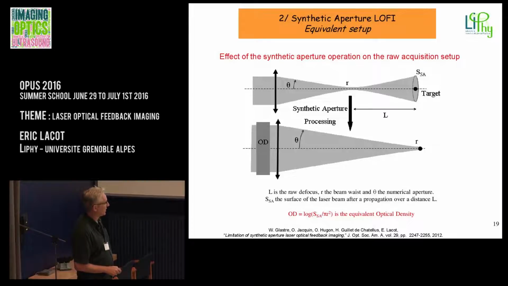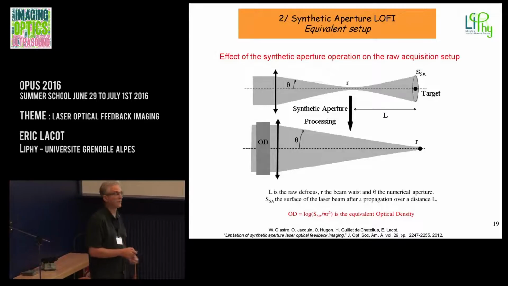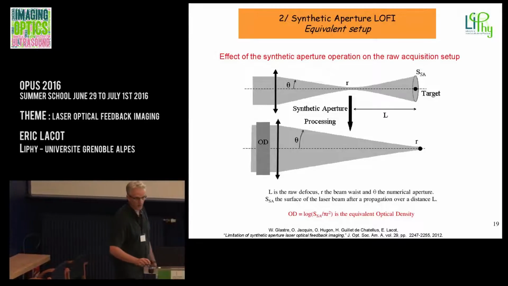The formula for the optical density is given here, and is roughly proportional to the surface area of the defocused laser beam divided by the surface area of the focused laser beam, and this surface ratio is proportional to the square of L. So after the synthetic aperture process, the equivalent setup is shown here. A good resolution, but a small number of photons coming back inside the laser cavity.